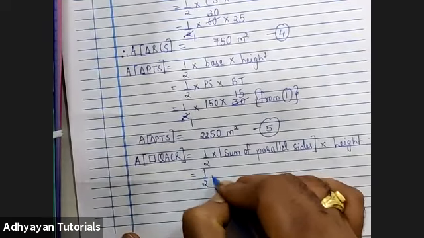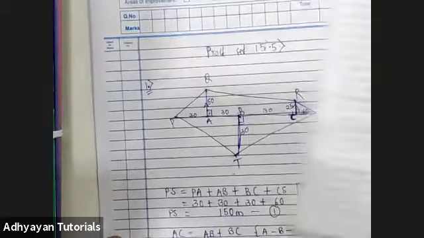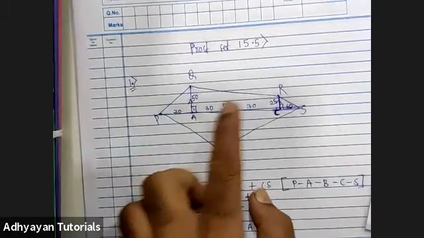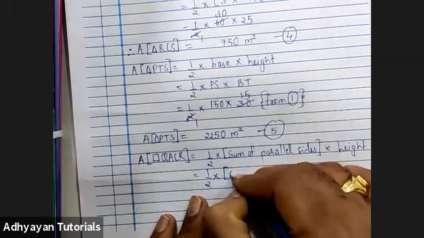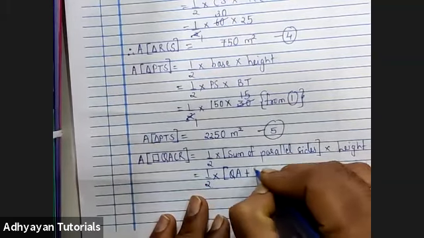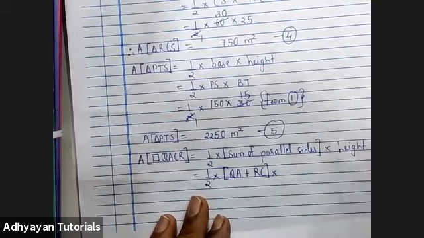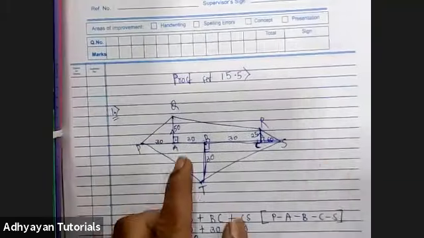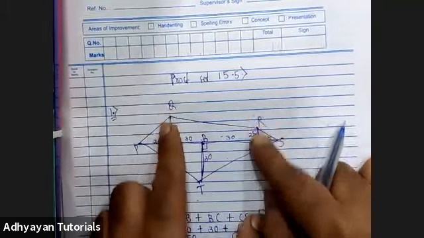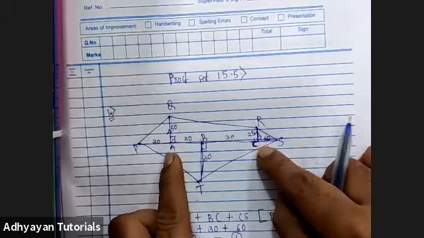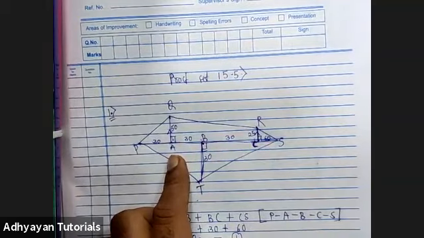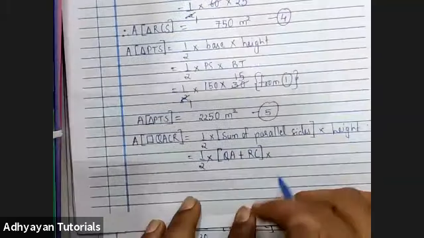So that is half into. Now, the parallel sides are QA and RC. So half into bracket QA plus RC into the height, which is basically the perpendicular distance between two parallel lines. So the perpendicular distance between the two parallel lines is nothing but AC, right?